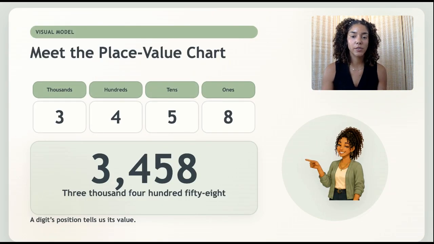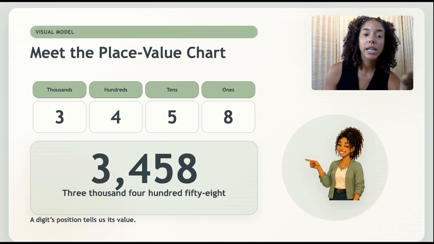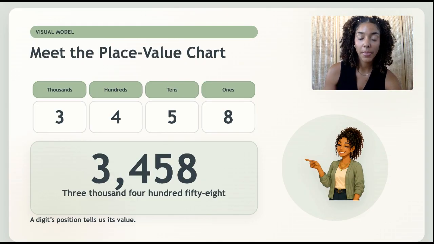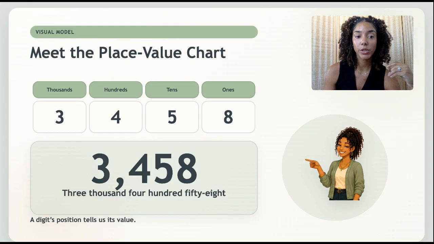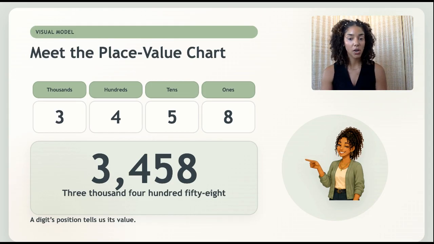Let's look at this place value chart. This one has 4 columns. The first column all the way to your left represents the thousands place. Next we have the hundreds. To the right we have the tens, and the last column is the ones place. Let's take a look at our number. 3,458.